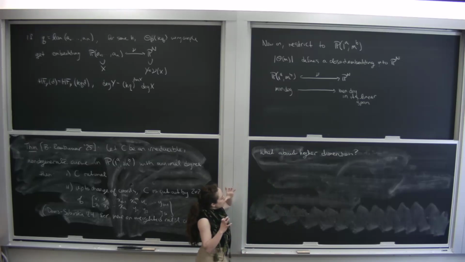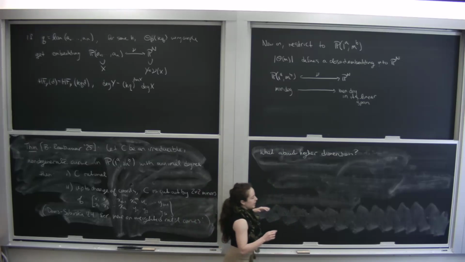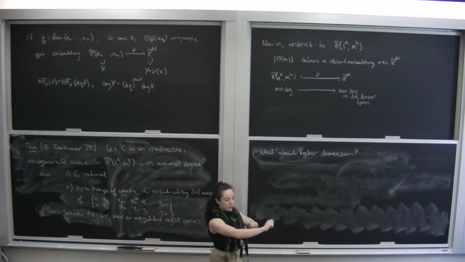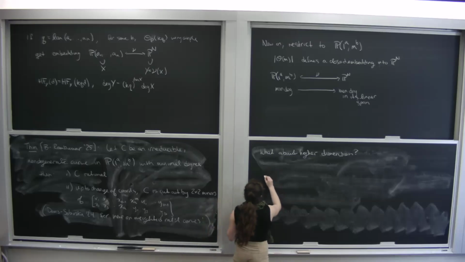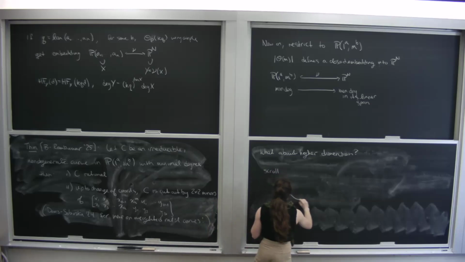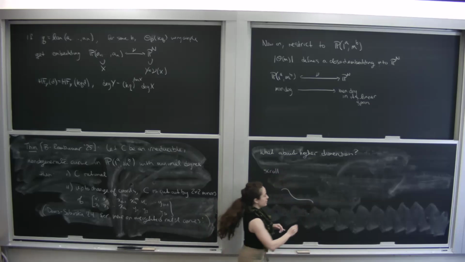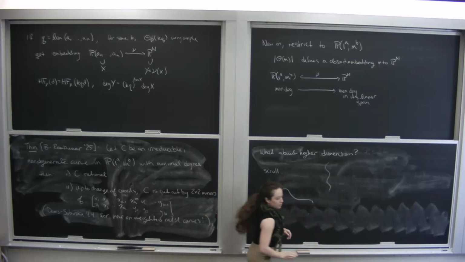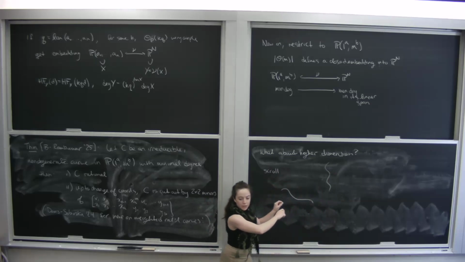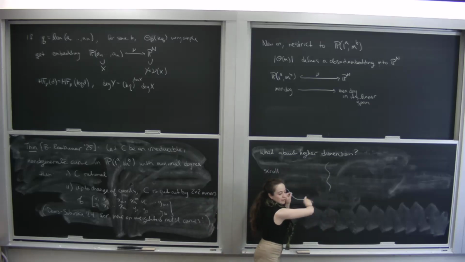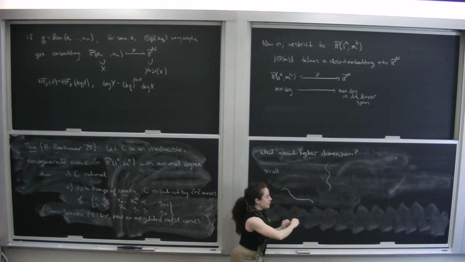And what is a scroll? Well, we want to take a bunch of these rational curves. Here's two of these curves, and they're both parametrized by P1. So I get a family of lines parametrized by P1.